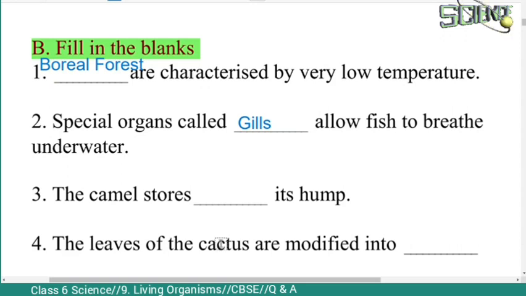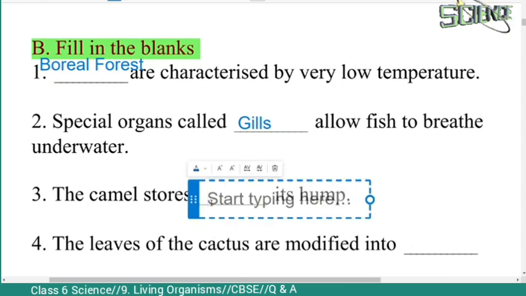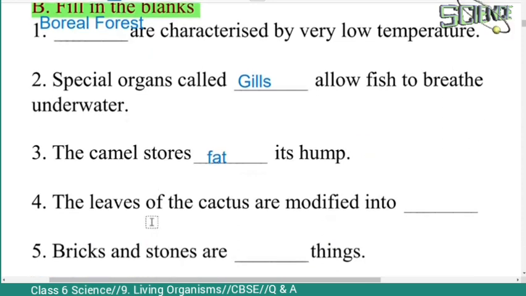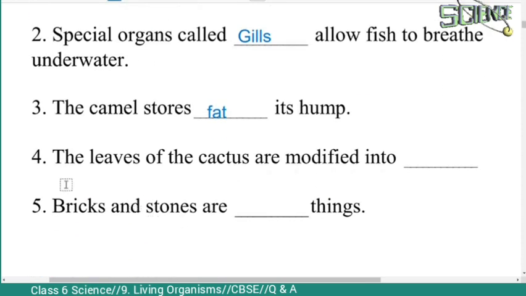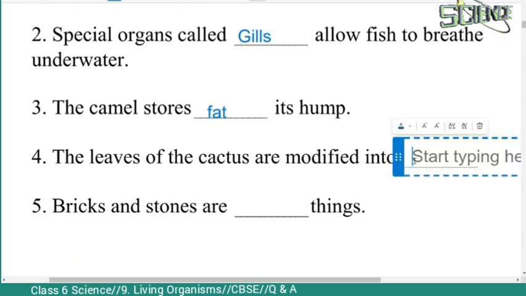Third one, the camel stores dash in its hump. Camel stores fat in its hump. Fourth one, the leaves of the cactus are modified into dash. The leaves of the cactus are modified into spines.